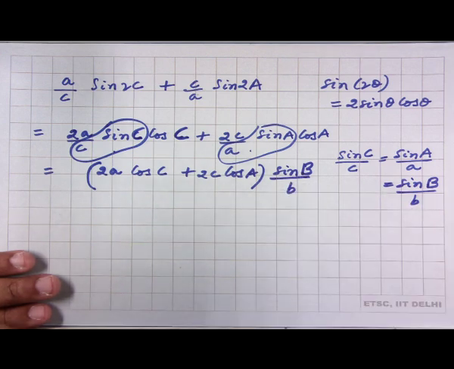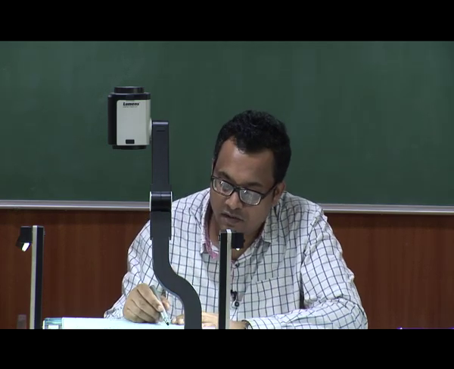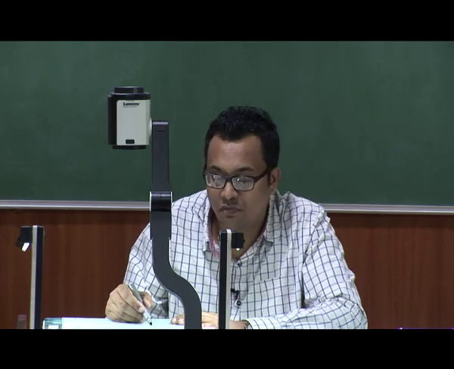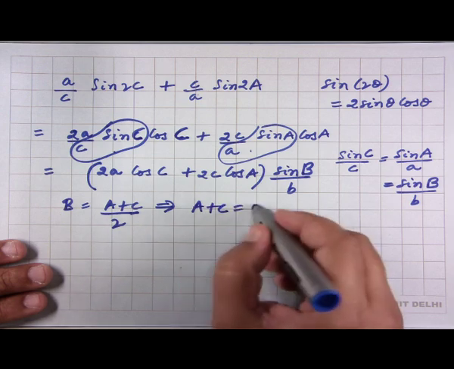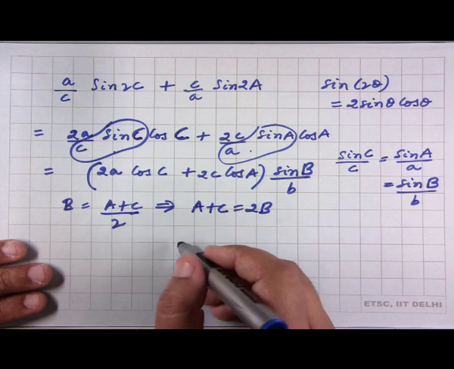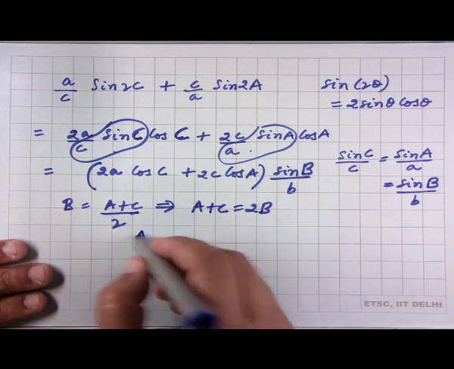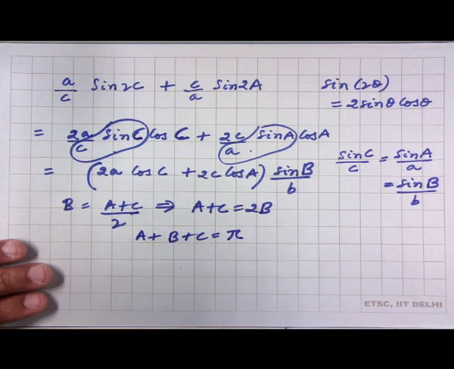The angles A, B and C are in arithmetic progression, and therefore it follows that B is equal to (A plus C) over 2, which implies that A plus C equals twice of B. But since A, B and C are angles of a triangle, we also know that A plus B plus C is equal to pi radians.